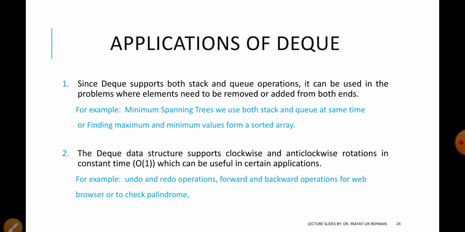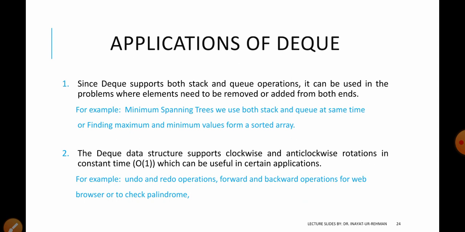In stack we perform the push and pop operation, and in an ordinary queue we perform the FIFO operation, which is NQ and DQ: NQ from rear and DQ from front. So it is the preferred abstract data type where we need both stack and queue at the same time.